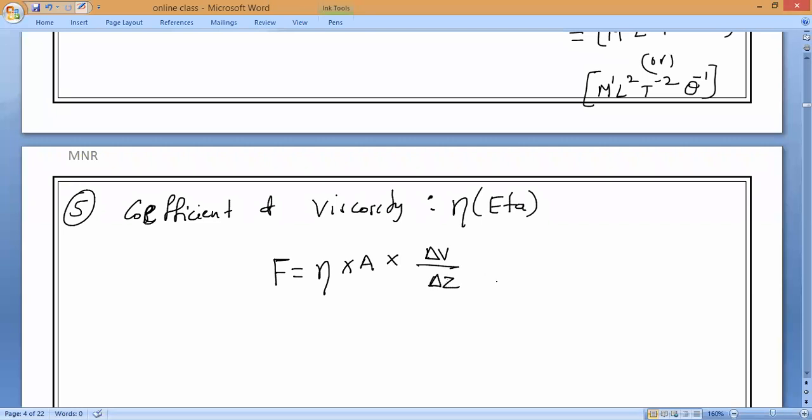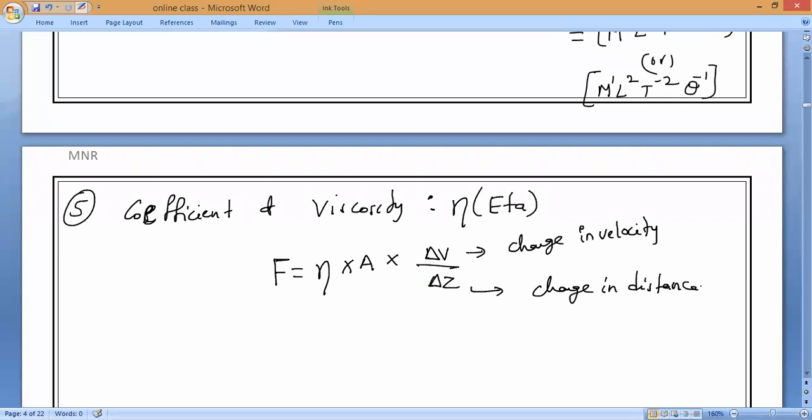Here delta V means change in velocity, not change in volume, and delta Z means change in distance.